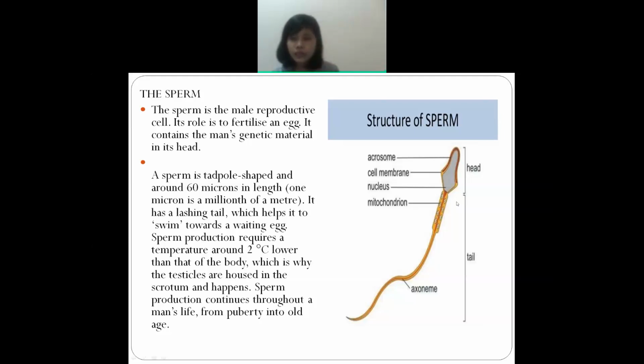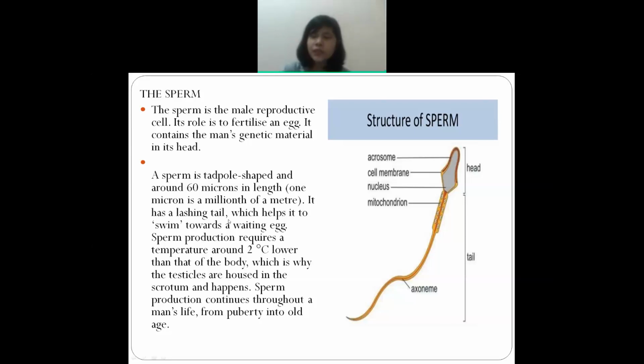And you can see that the sperm consists of a tail. What is the function of this tail? The function of this tail is that it helps the sperm in swimming. It has a lashing tail.